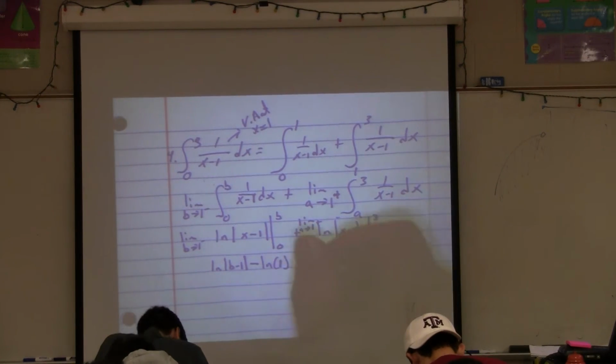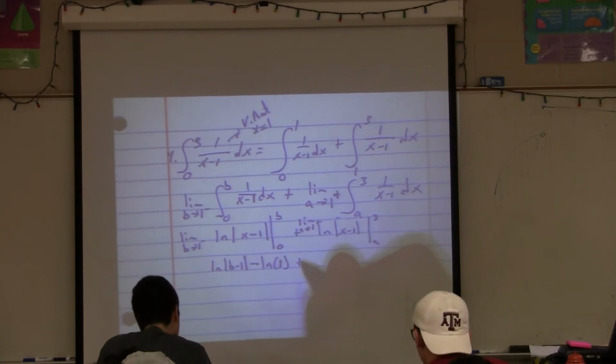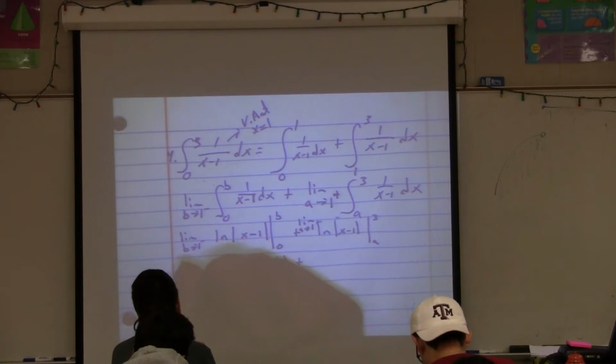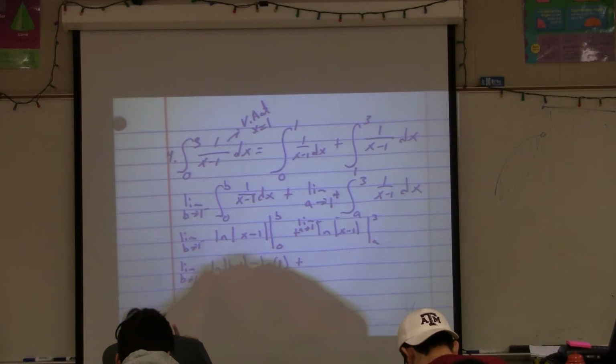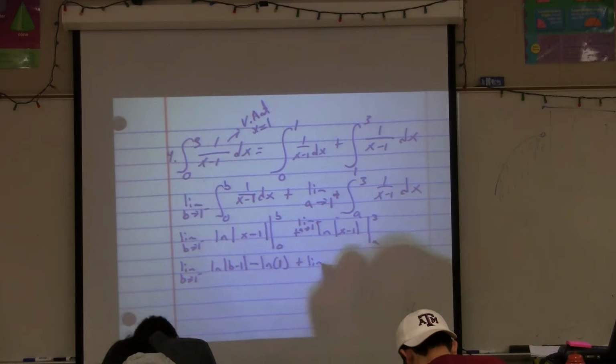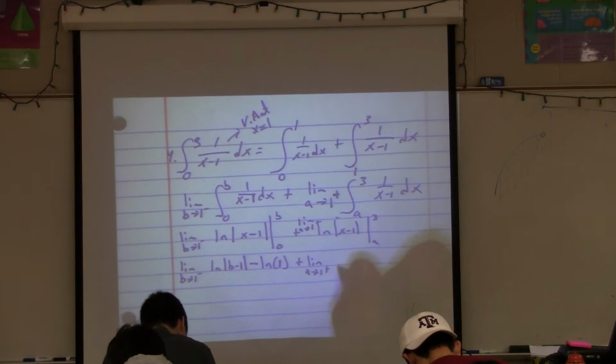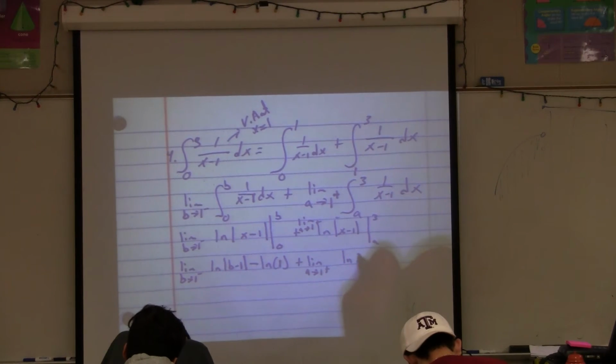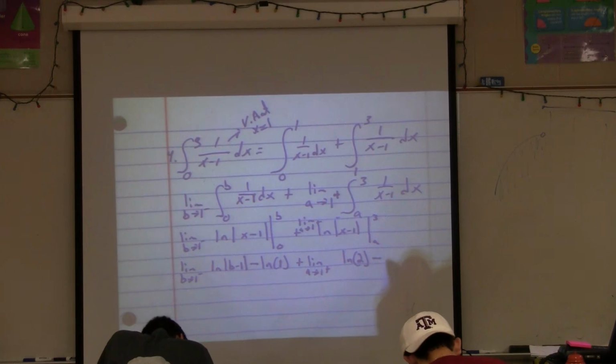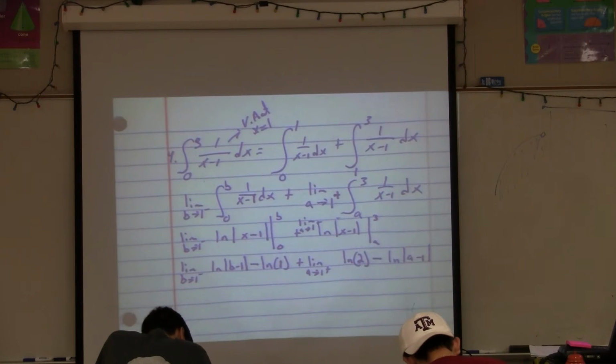Don't forget to put the limit over here. It's b and a, not a and a. This one's gonna be ln of 3 minus 1, which is ln of 2, minus ln absolute value of a minus 1. So far so good? Perfect.